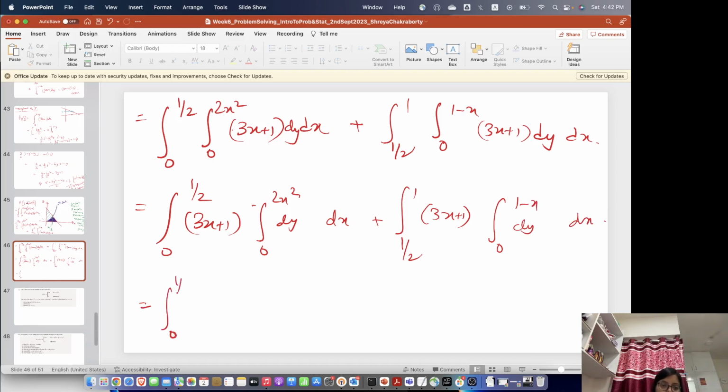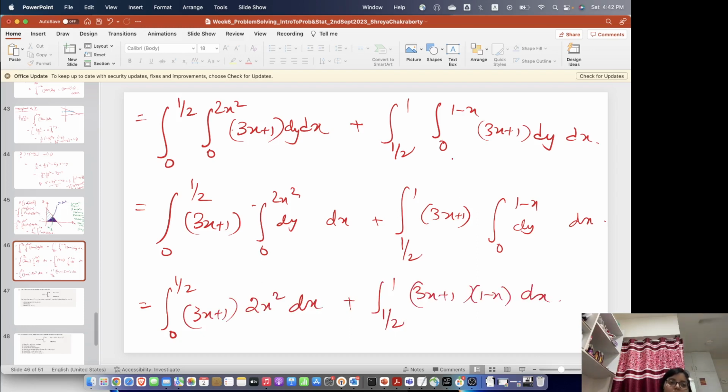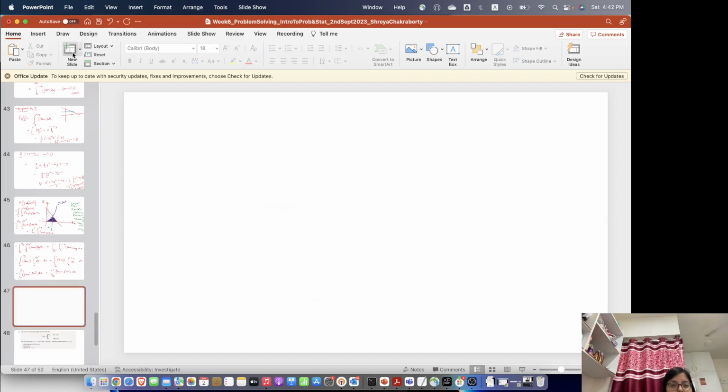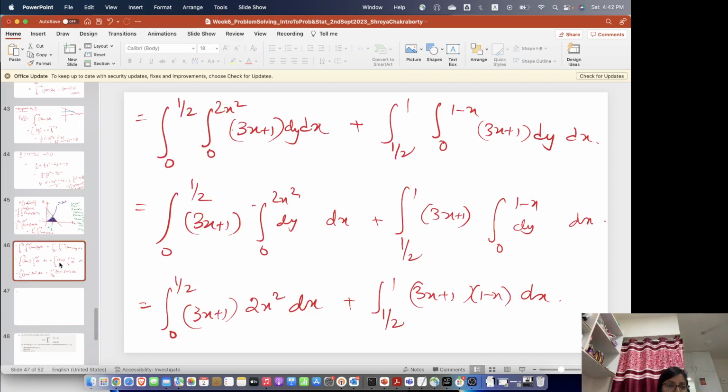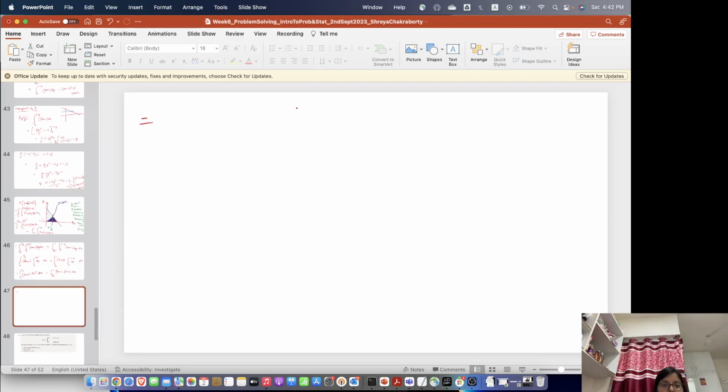This will be 0 to half 3x plus 1 into 2x square dx plus half to 1 3x plus 1 into 1 minus x dx.